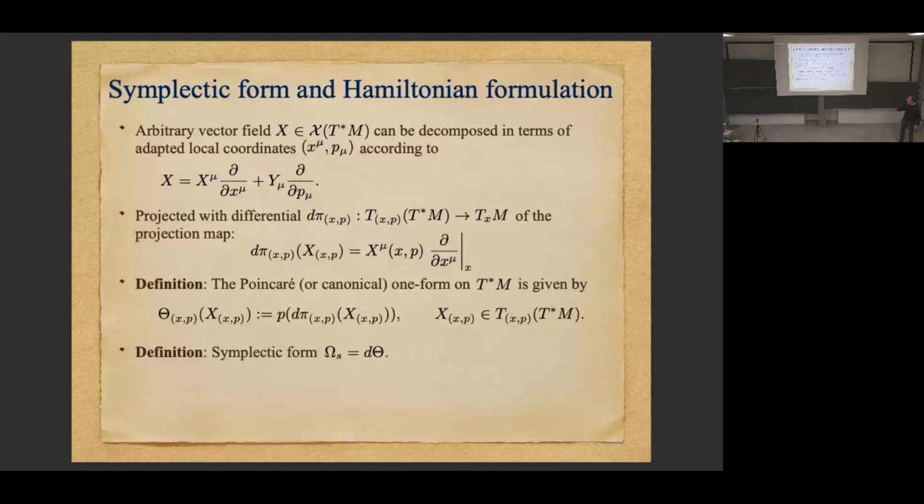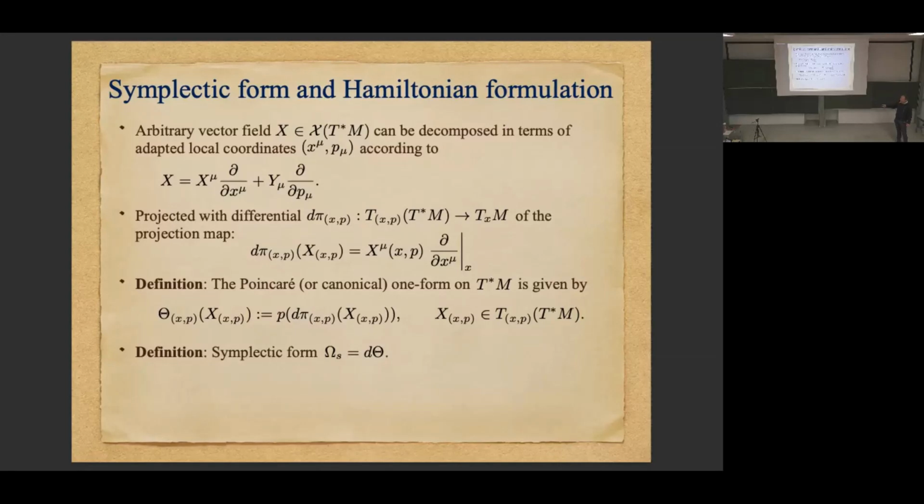And now comes the definition of the Poincaré one form. You give it a vector field, and what it does is you first project the vector field to give you a vector on the manifold at x, and then you evaluate p on it. And that gives you a number, and that's linear in the vector field, so this defines a one form.